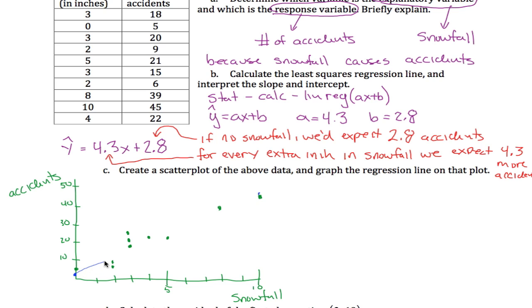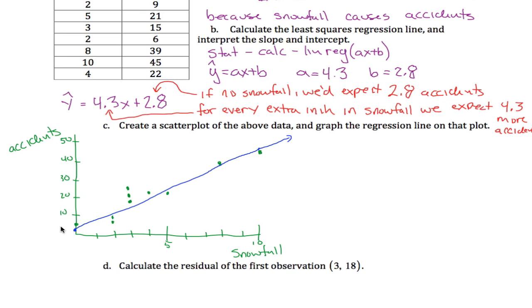And if we try to connect those with a straight line, easier said than done on a computer. Not too bad, that's pretty straight. We get our least squared regression line. If you want, I can even label that little point right there is 2.8. You don't have to do that. Okay, so we have a scatter plot, we have a least squares regression line, we're good to go.